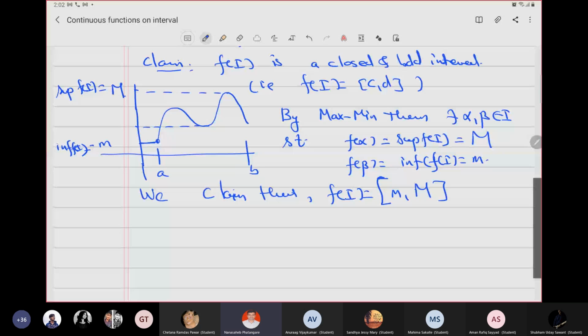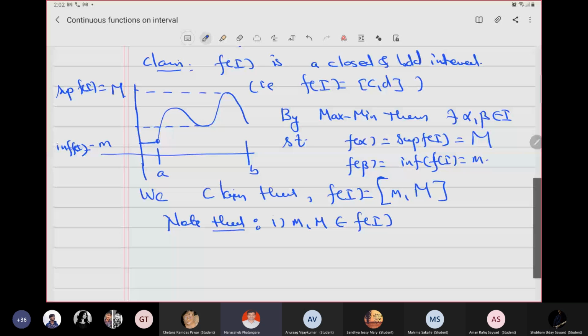And the proof is very straightforward. So note that small m and capital M are in the range. Do you agree? Yes, sir. Does the range occupy everything between small m and capital M?